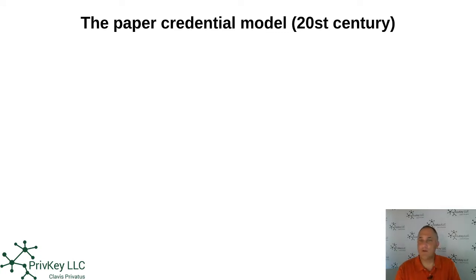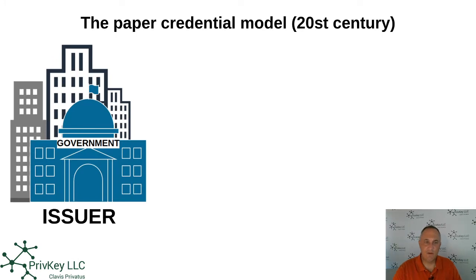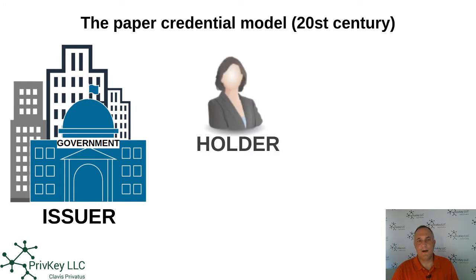Let's call this model the 20th century model. We have the government, which is what we call the issuer, issuing these credentials. Then you have a holder, the user, the actual identity, the I in I think, therefore I am.